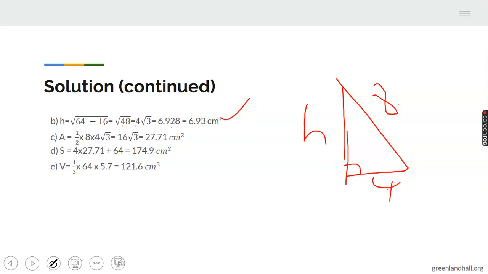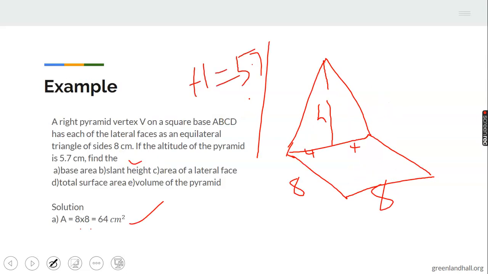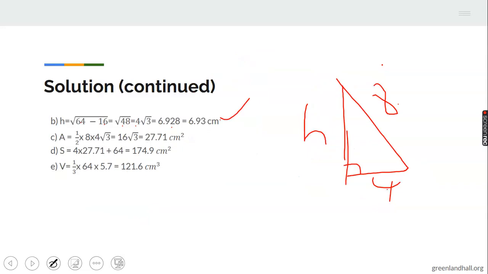Now we want to look for the area of this triangle. There are 4 of them. We want to look for the area of this complete triangle, and we know it is half base times height. This will give us the answer, 27.71 centimeter square.